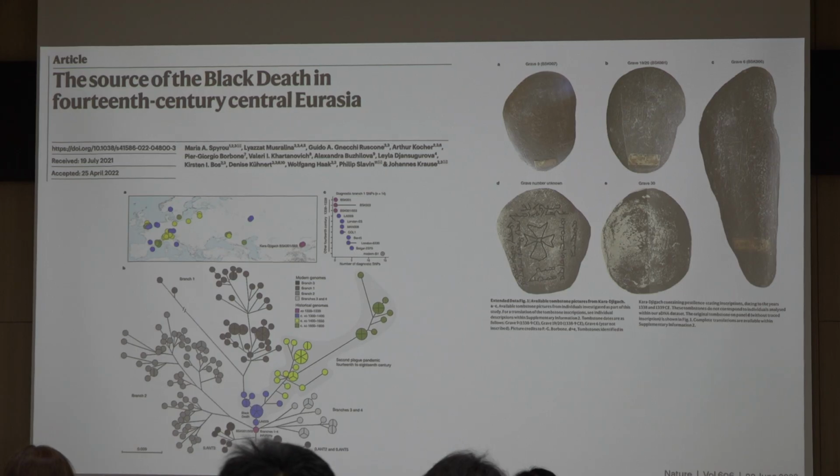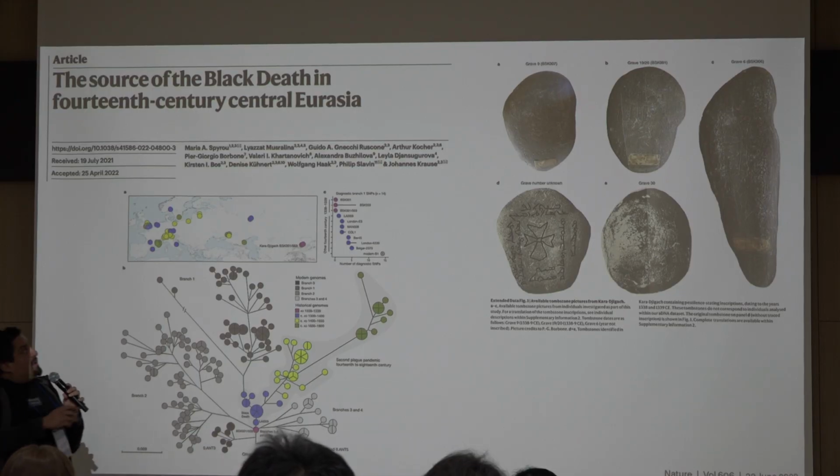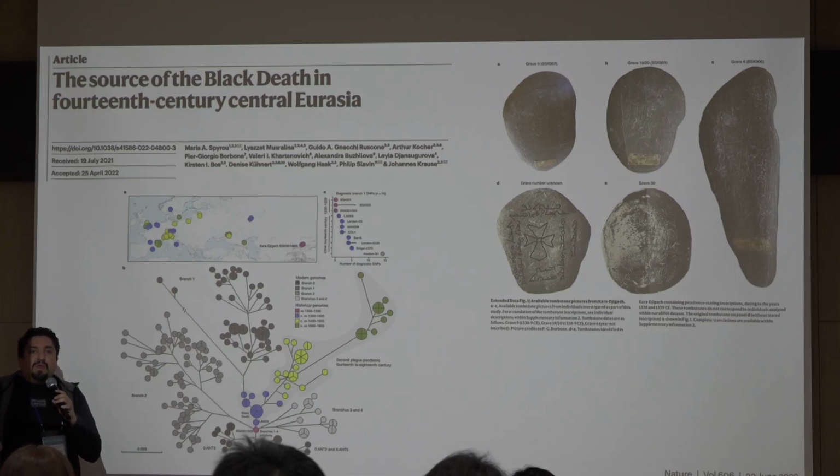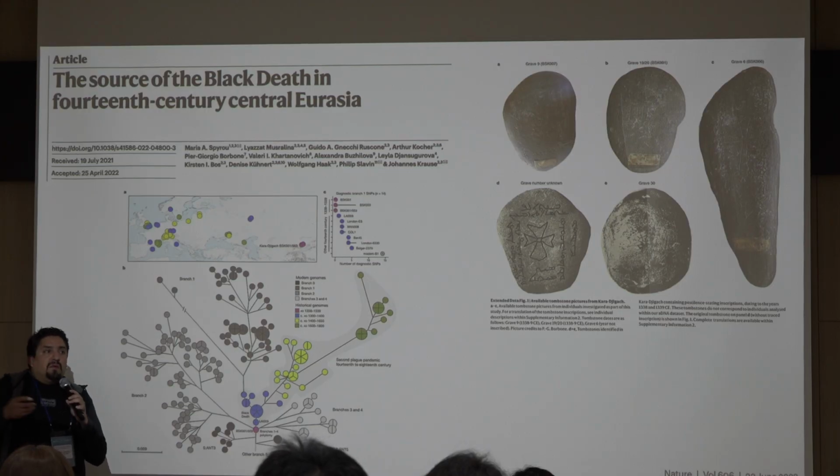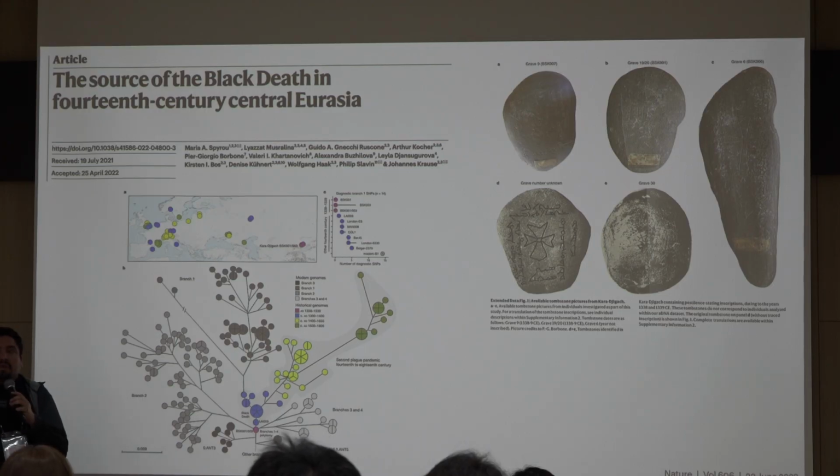And for very long, academics, specifically historians, have said that in Central Asia there is a place that could have been the origin of the Black Death. But this was, again, subject to interpretation because of historical records, and we never know how accurate they are, and pestilence can mean many things. It's not only one disease.